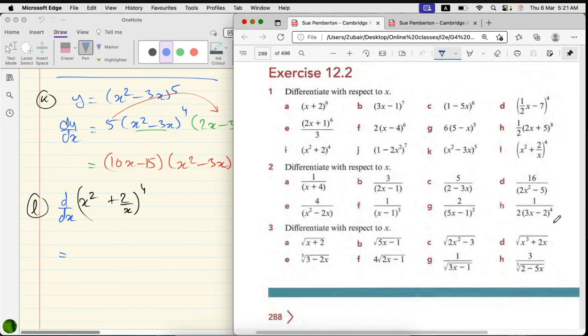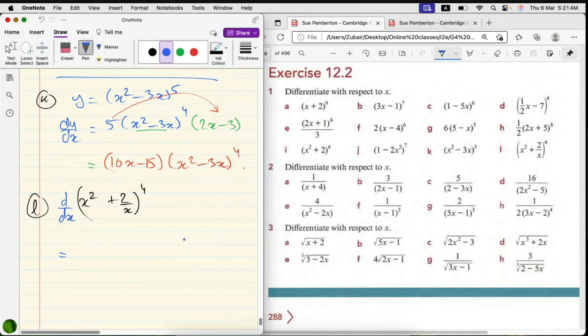So first the 4 would come down, so that would be (x squared plus 2 over x) to the power of 3. Then we would differentiate the inside, so it would be 2x plus 2x to the power of negative 1, so that would be minus 2x to the power of minus 2, and minus 2 over x squared.